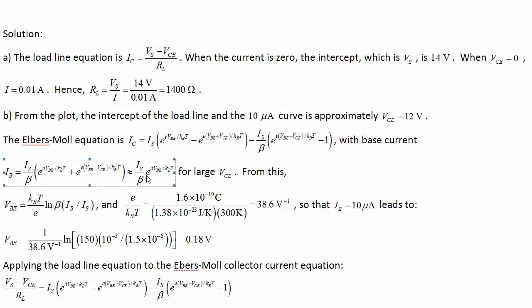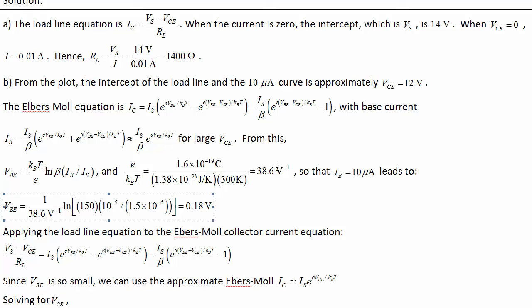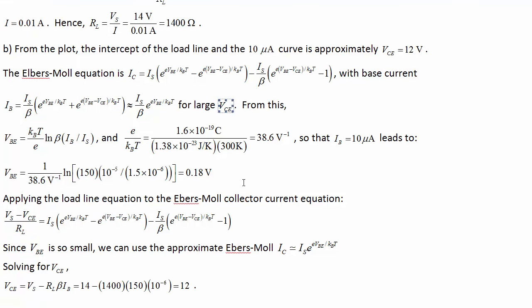So by rearranging this in terms of VBE as a function of IB, which in this case we know is 10 microamps, we can substitute everything in and find out VBE is actually 0.18 volt, quite a lot smaller than the VCE that we're predicting, around 12 volts.